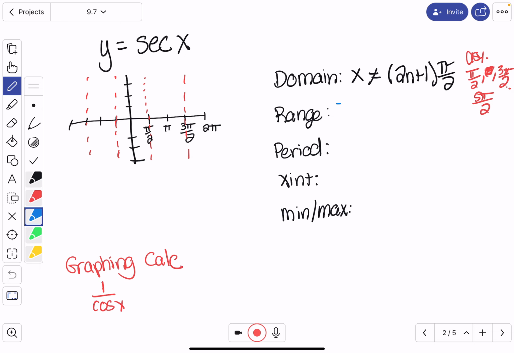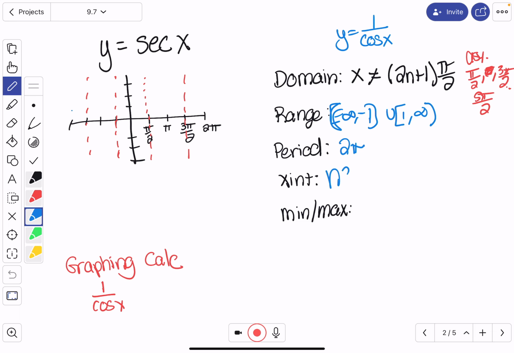The range is negative infinity to negative 1 and 1 to infinity, meaning there's going to be a gap between these 2 blue lines. The period of secant is 2 pi, which makes sense because secant, remember, is 1 over cosine x.